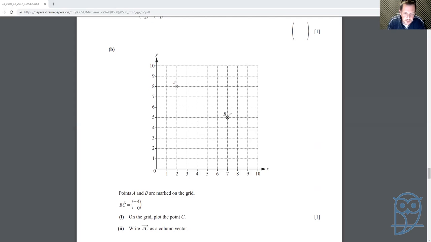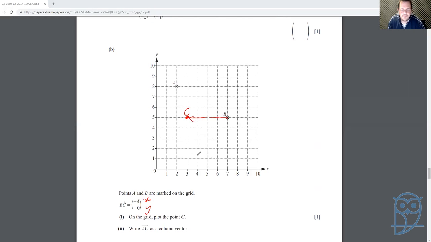So we need to go to B. And remember, this is always X and Y. So my X is moving 4 in the negative direction, which means to the left. 1, 2, 3, 4, and 0 down, meaning that that is going to be my point. That is C.